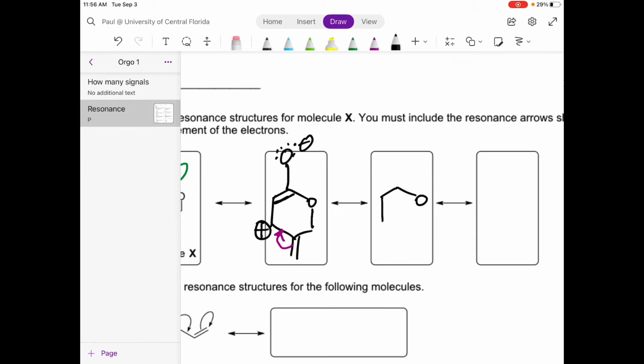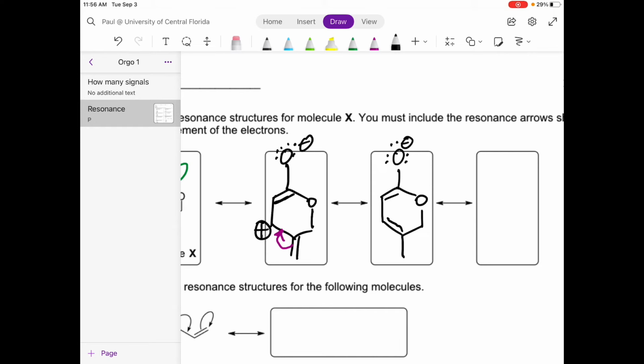If we do that, we have the double bond still there. We still have the negative charge. And now we put the double bond there. So that formal charge no longer exists because that carbon has 4 bonds.